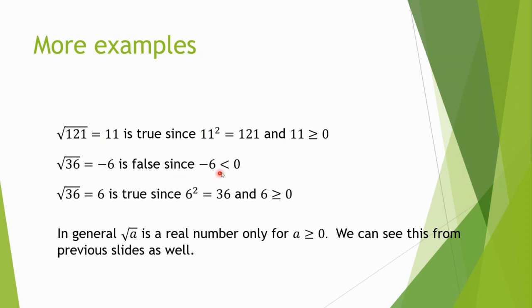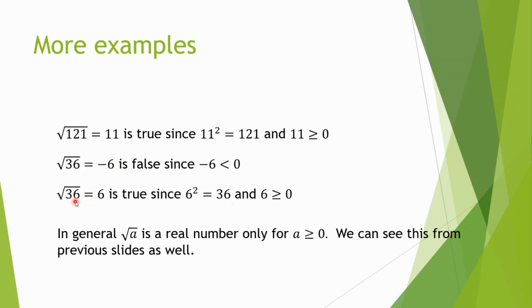The second equation here, this is not right. And why is that? Well, again, saying this is equal to -6 is wrong because the square root has to be non-negative. It can't be negative. So to fix that, we have this line down here.